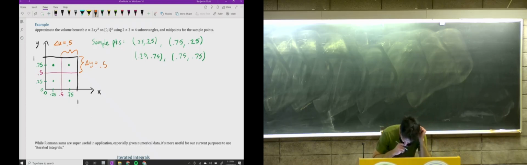So the area of each subrectangle is 0.5 times 0.5, which is 0.25.